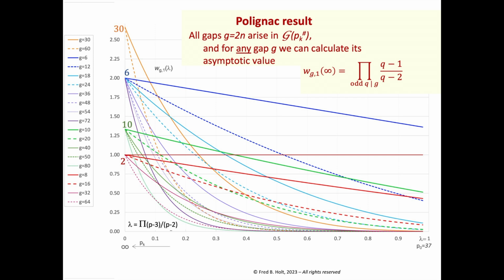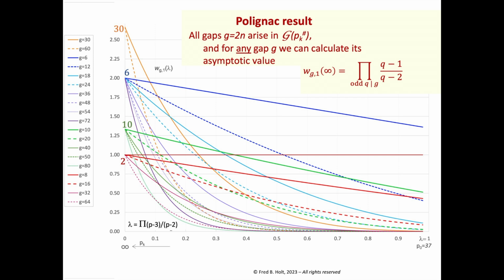The powers of 2 are that red family at the bottom, and they all converge to 1. If the gap has factors of 2 and 3, we've labeled that family 6, and that's the blue family there: 6, 12, 18, 24. But when we get to 30, that family has factors 2, 3, and 5, so they're in the orange and the gold up top.